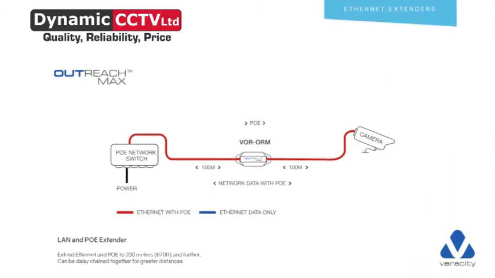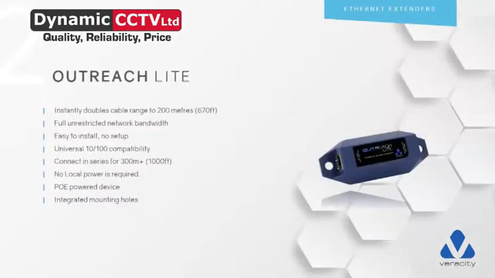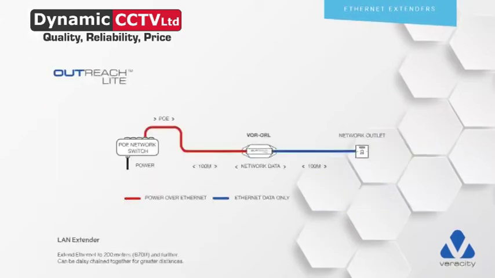As I say, line fed, PoE from the switch, powers the device, which in turn powers the camera. And again, you can series link that as we go through. Same applies again, we've got a RecReach Light. So people are going to say, oh, it's light, there's no PoE. So I'm going to show you the diagram. PoE from the switch powers the device, and then the second leg of that device is data only.